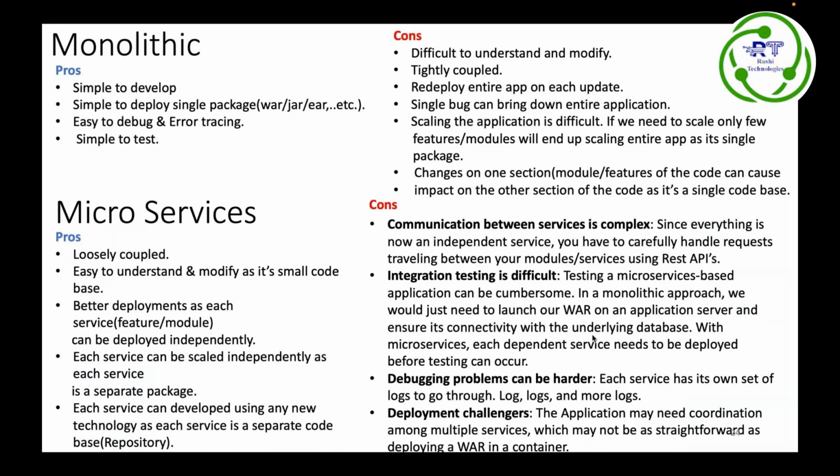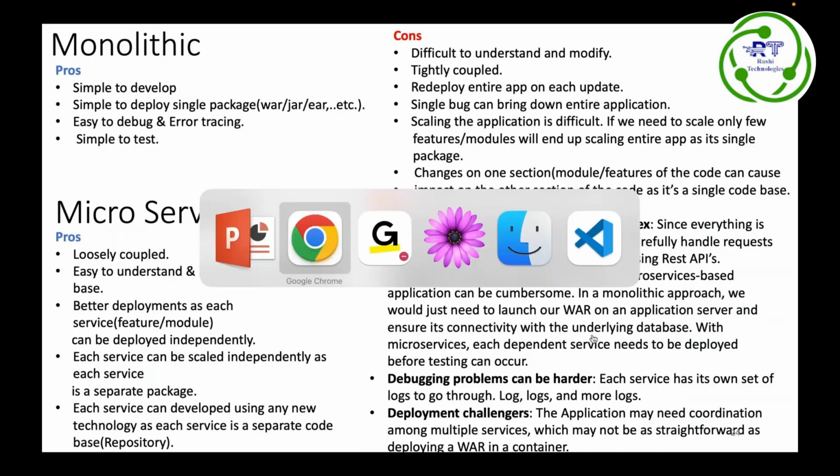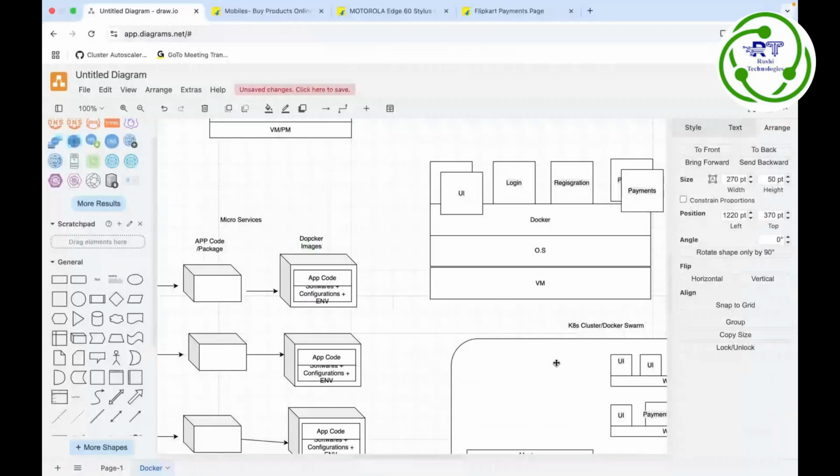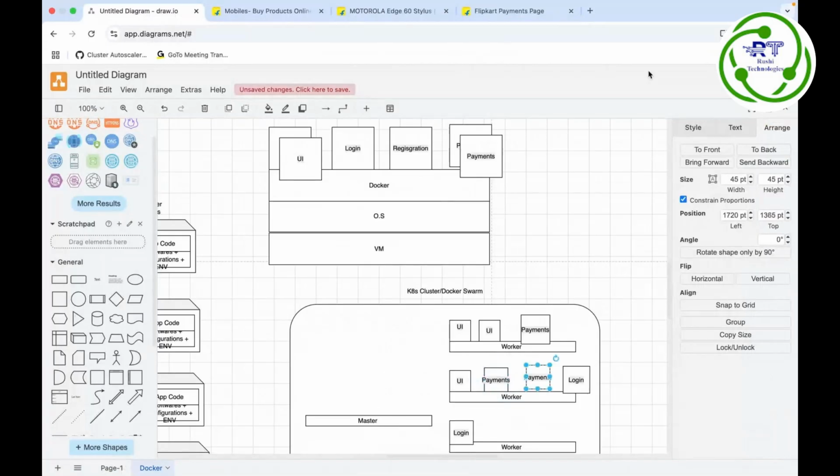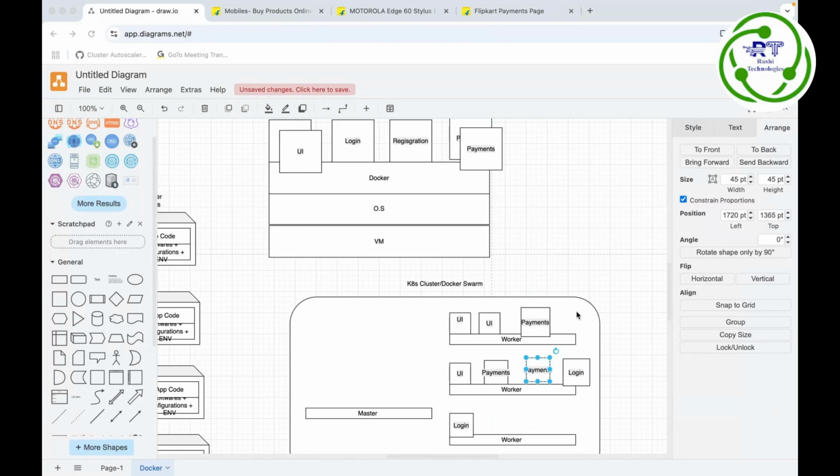Suppose you have not deployed the payments microservice, you may be able to access login, but payments will fail. If your registration microservice is not deployed, then the registration features will not work.